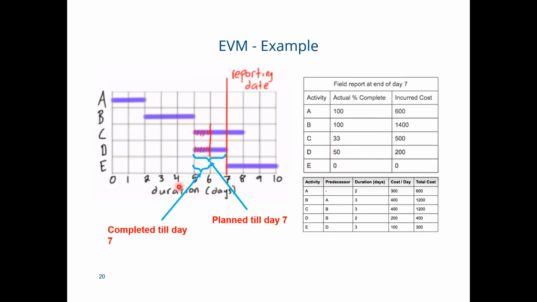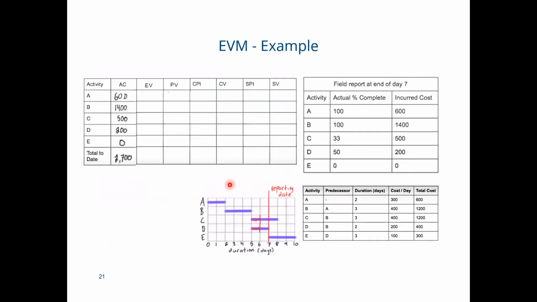According to our plan, activity D should be fully completed by day 7, right? So this is just for your understanding. We actually need to calculate, and we are going to do the earned value analysis, as I told you, to monitor and measure the cost performance of our project.